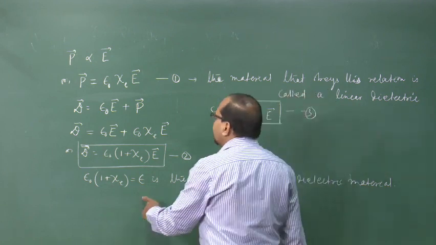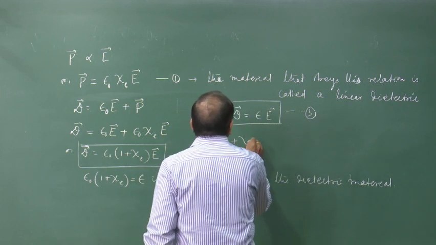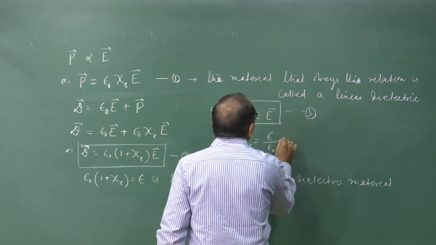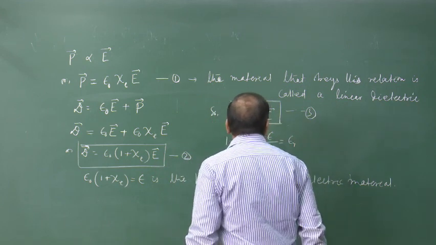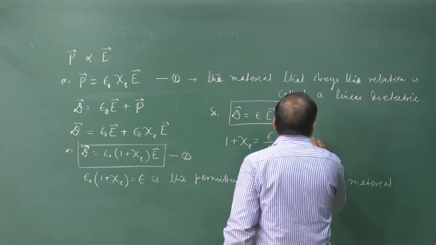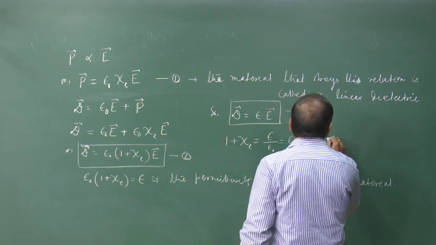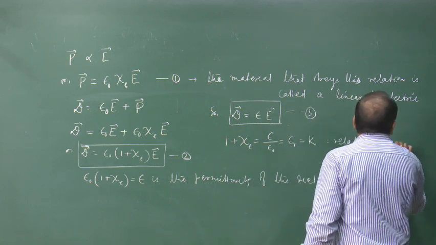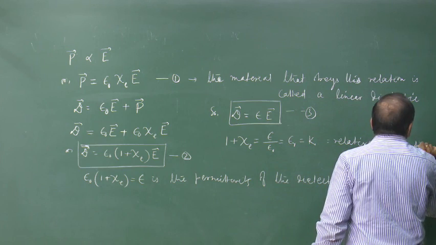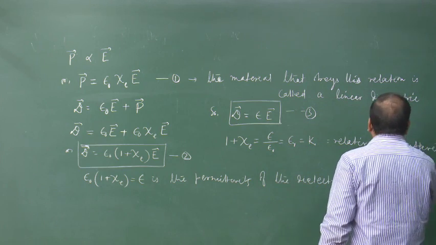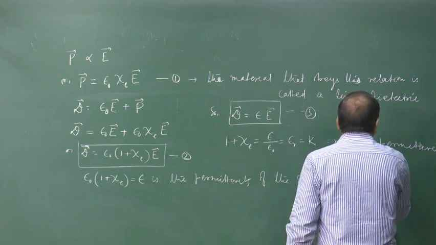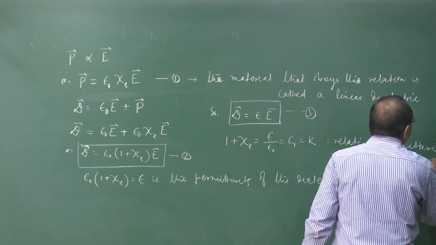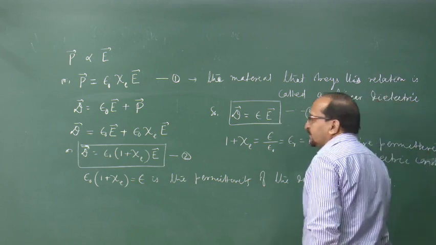And from this equation, 1 plus chi is equal to epsilon by epsilon naught, which is called relative permittivity or dielectric constant of the material.